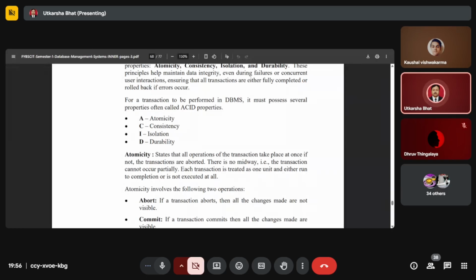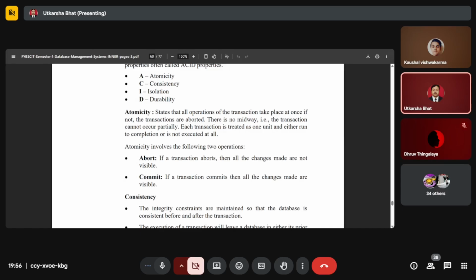Atomicity involves the following two operations: abort. If a transaction aborts, then all the changes made are not visible. Commit. If a transaction commits, then all the changes made are visible.